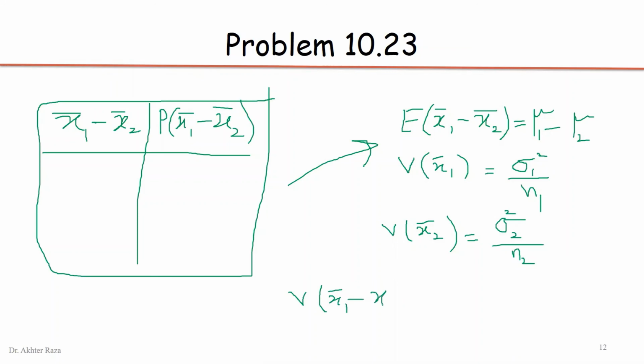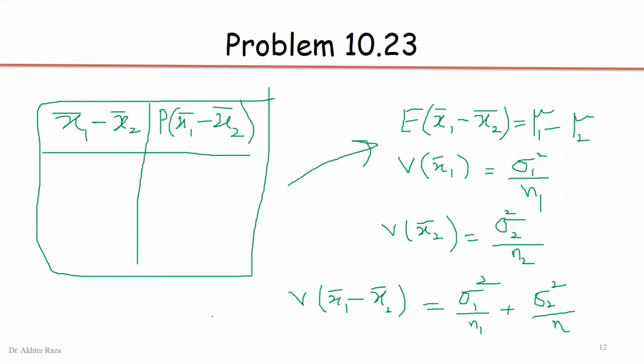That variance of the difference of two means is equal to the sum of these two variances, sigma 1 square upon n1 plus sigma 2 square upon n2. And if we are interested in the standard error, that is the standard deviation, so take the square root on both sides.